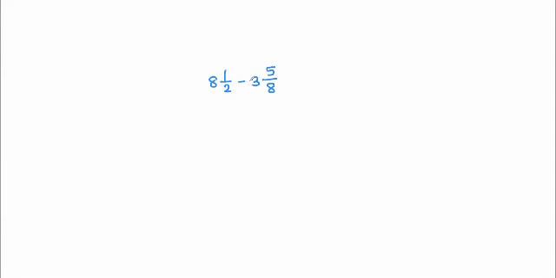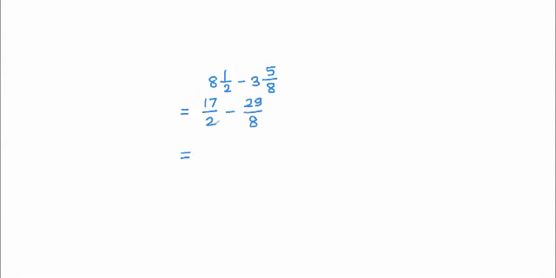First we'll convert 8 1 upon 2 into an improper fraction. For that, we multiply the denominator with the whole: 8 2s are 16, plus 1, 17. So this becomes 17 upon 2 minus, here 8 3s are 24 plus 5, 29 upon 8.